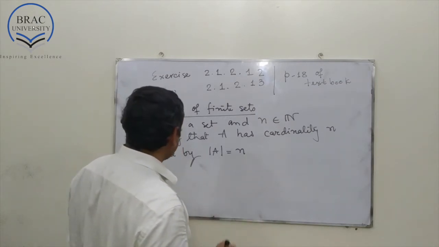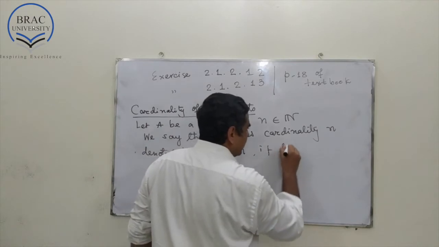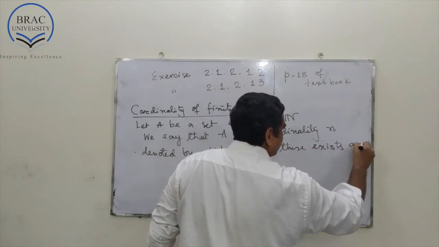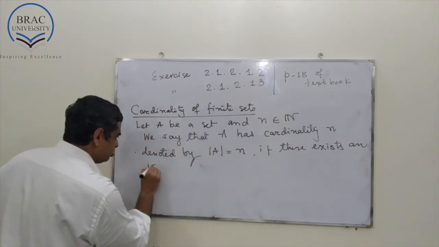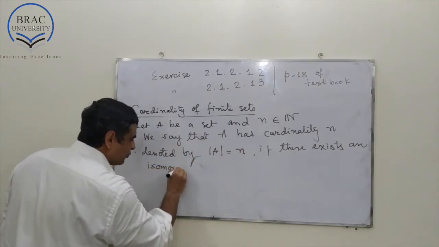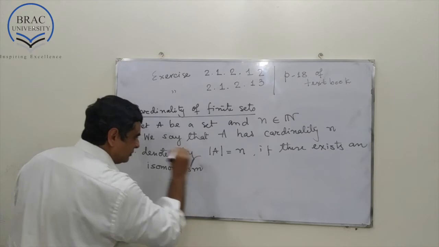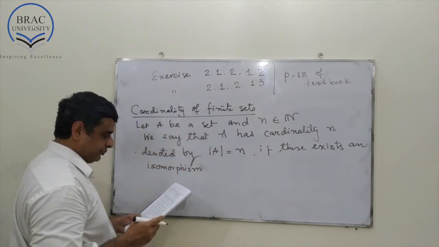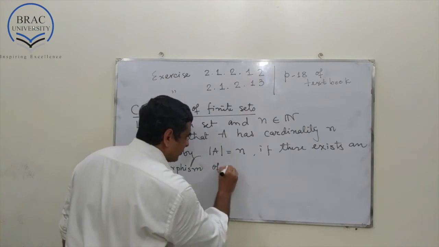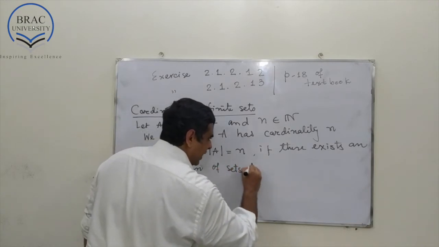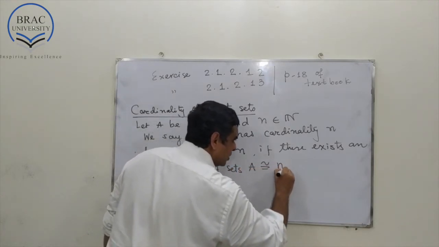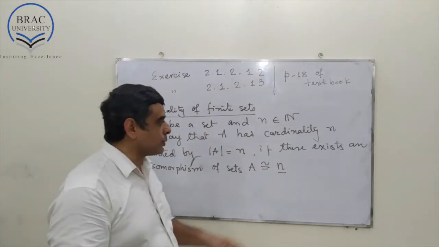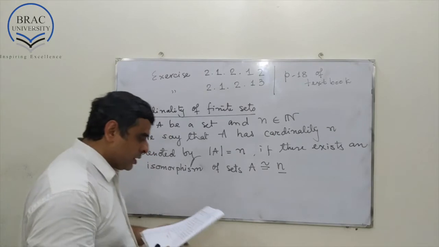If there exists an isomorphism of sets A and underbar n. What does it mean by underbar n? Let me explain.